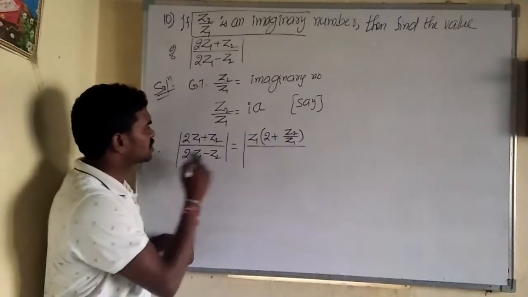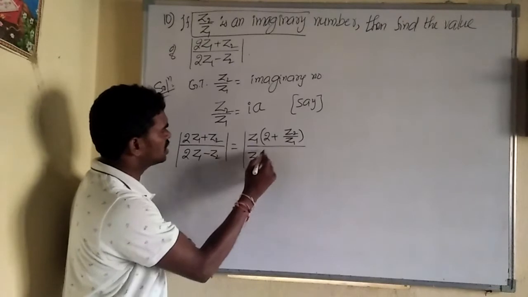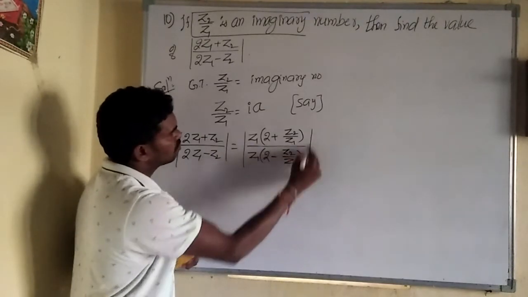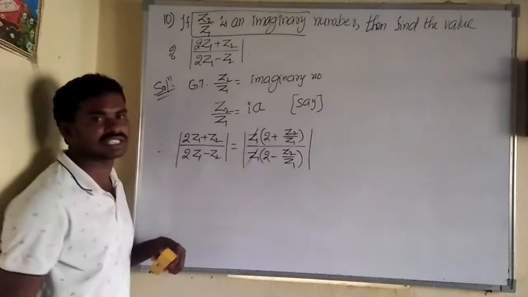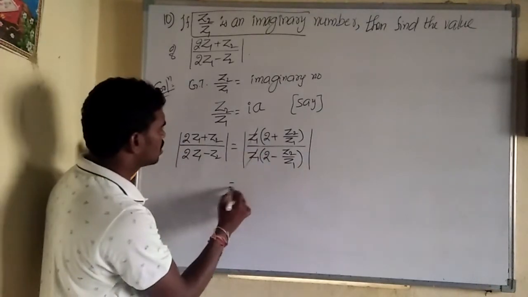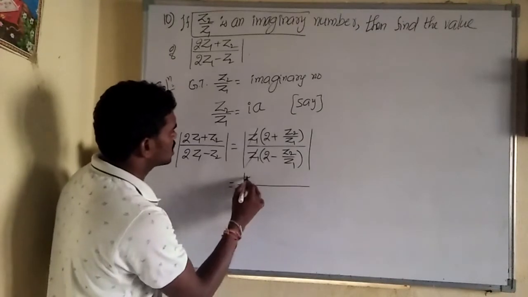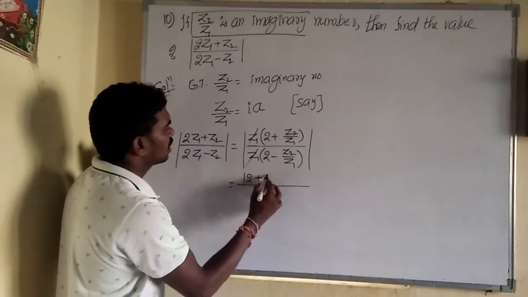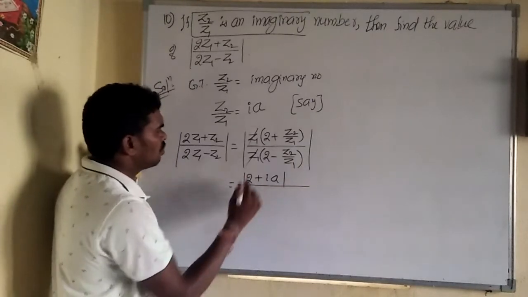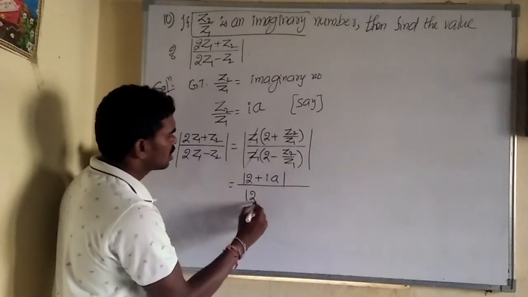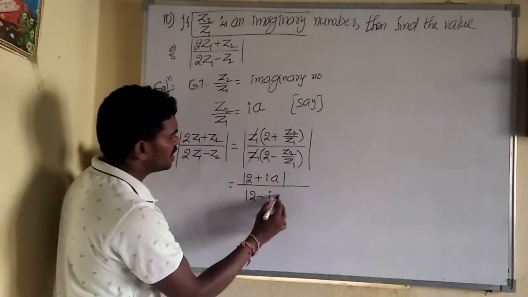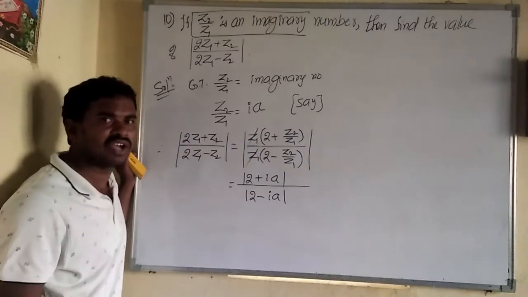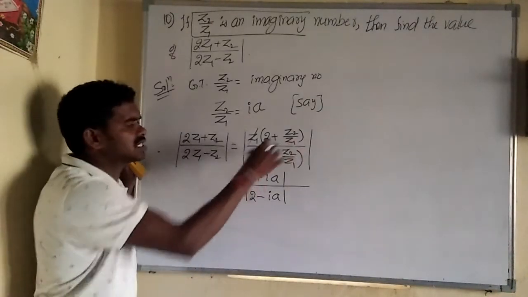Very good. Next, take z1 common in this: 2 minus z2 by z1. That's it. Modulus. Now z1 cancels. So now it becomes modulus of 2 plus, what is z2 by z1? This is ia. By modulus of 2 minus, what is z2 by z1? ia. So modulus can be taken for both numerator and denominator, meaning we can split the modulus.